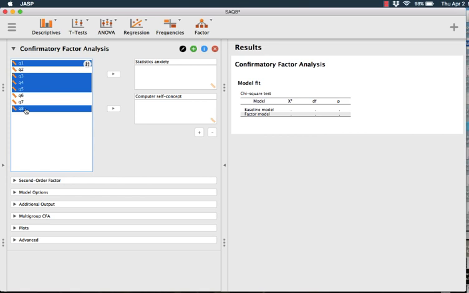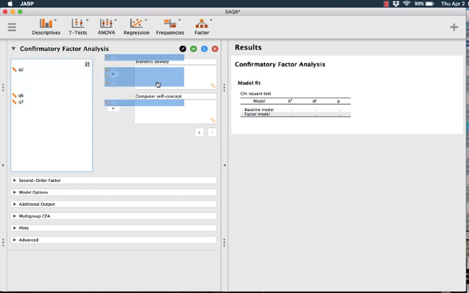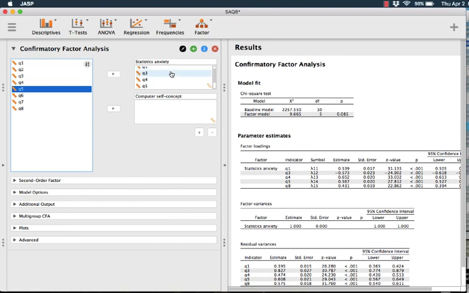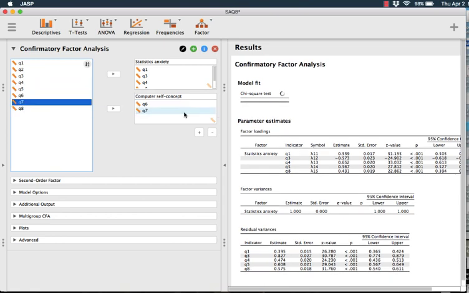If you can't figure out how to just select those without selecting all of them, just do it one at a time. But for me, this works really nicely. And so I can just highlight every one of them that I want to go in the statistics anxiety factor and drag them over. Again, you could also just use that little arrow button to do this. For our second factor, computer self-concept, that's items 6 and 7, so I'll highlight those and drag them over.